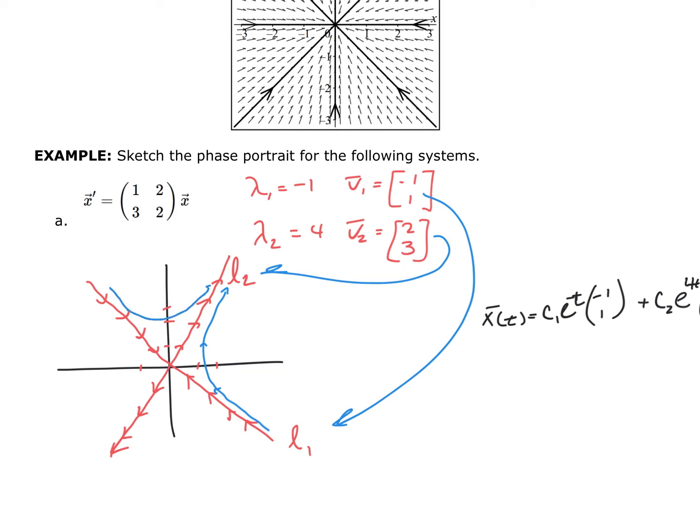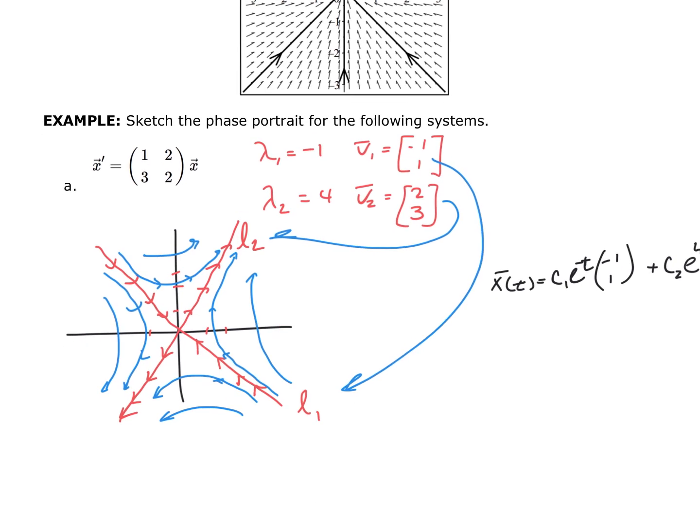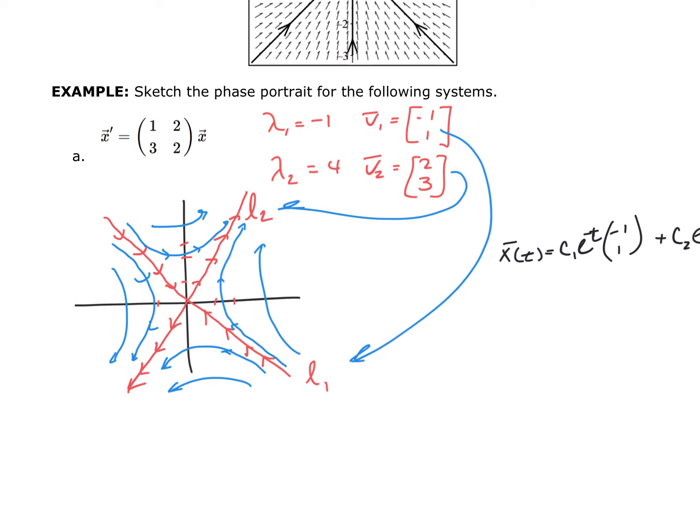And so it's going to have shapes that look something like this. Even if I'm running parallel or almost right on top of the other one, e raised to the 4t is going to dominate over e raised to the negative t.